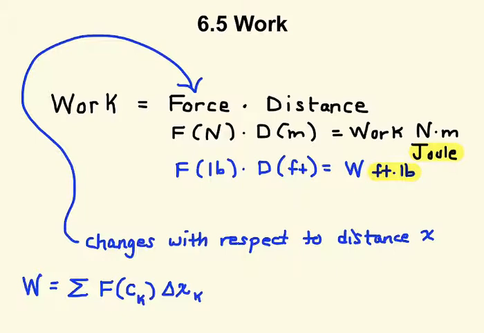So k is going to go from 1 to n, and c sub k is our x value. That's where we're starting, and then delta x is how far we push it. And as we're pushing it, the force is changing. So we have to keep adding up the sum of the product of each new force times a little bit of distance that it traveled.